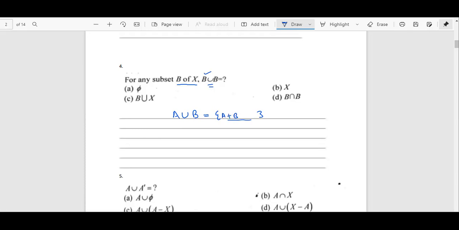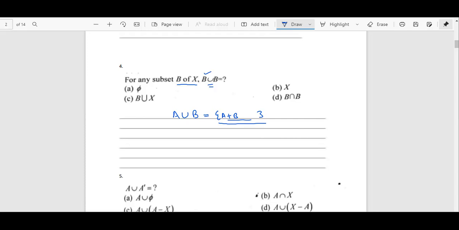But if we have any elements in common in A and B, I would write those elements once only, right? The elements which are coming in common would be written once only. So if I have some elements in A and B both, I am just going to write them down once only and not twice, okay? Because if I'm writing those elements twice, this would not be a set, just like the very first question where I discussed the definition of sets, we can only have distinct objects, right?